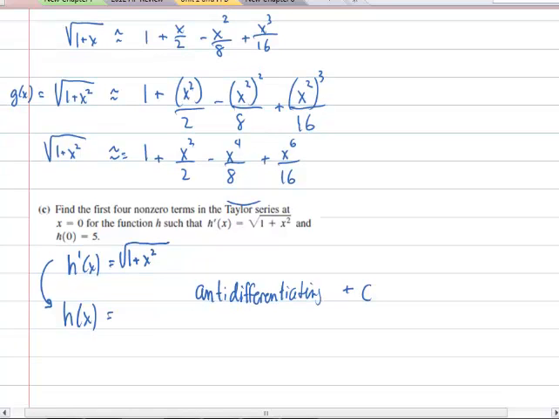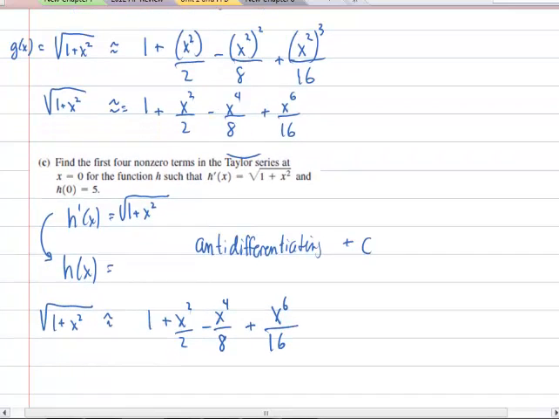So what we're going to do is we're going to take our series, which we had, remember, 1 plus x squared is approximately equal to 1 plus x squared over 2 plus, minus x to the 4th over 8 plus x to the 6th over 16, and we're going to anti-differentiate that.